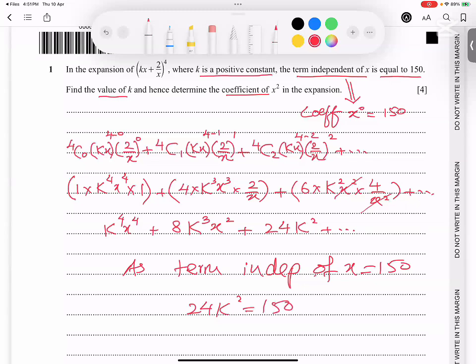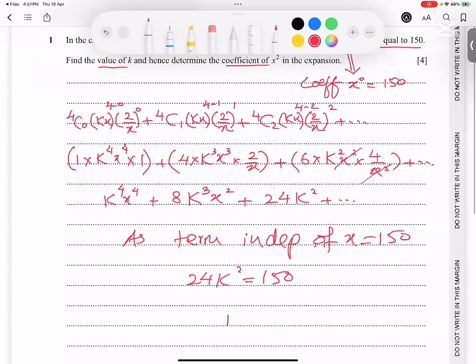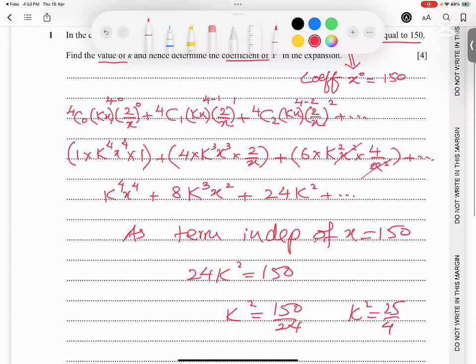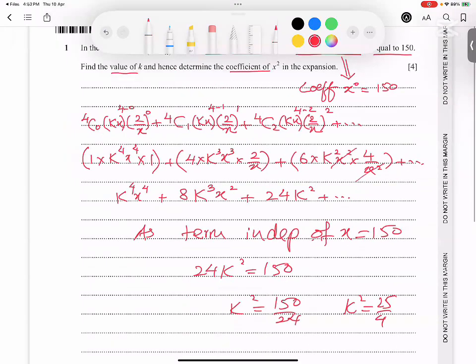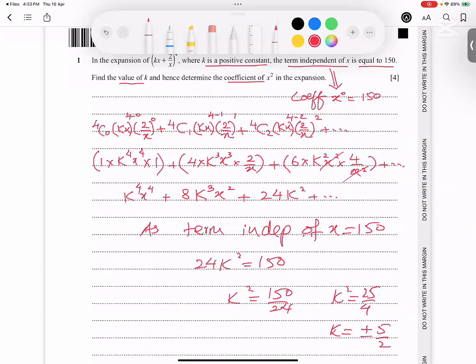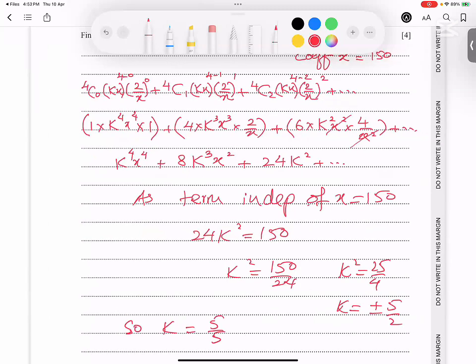When we divide 150 by 24, I get k square is 25 upon 4. And when I take the root of both sides, I get plus and minus 5 over 2. But as he said k is positive, so k becomes 5 over 2. This is my answer to number 1.